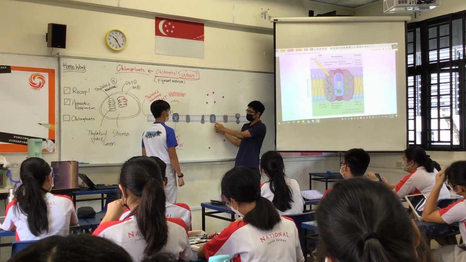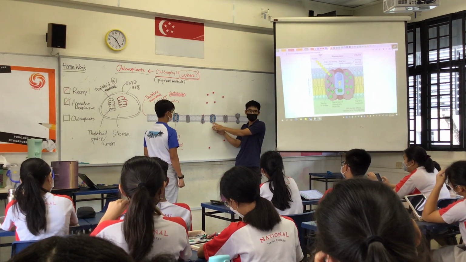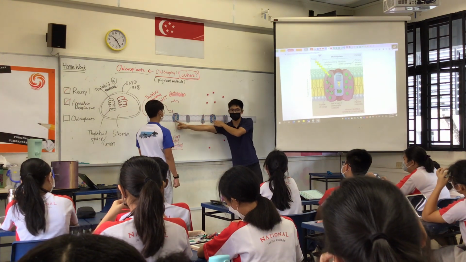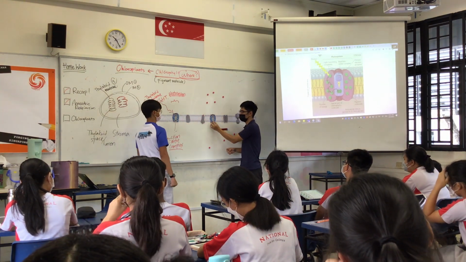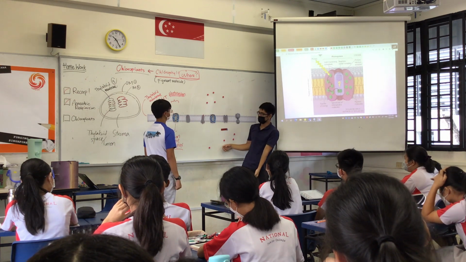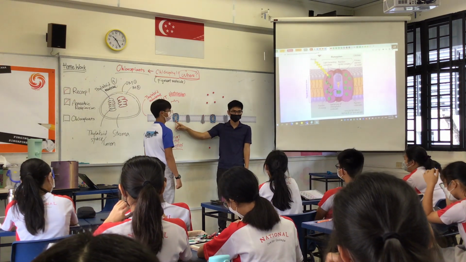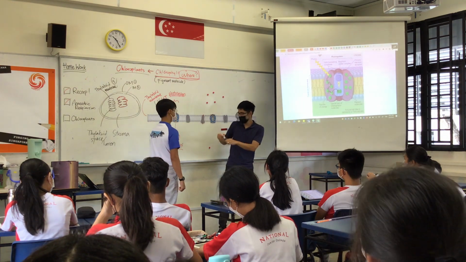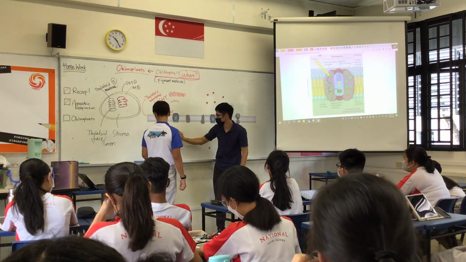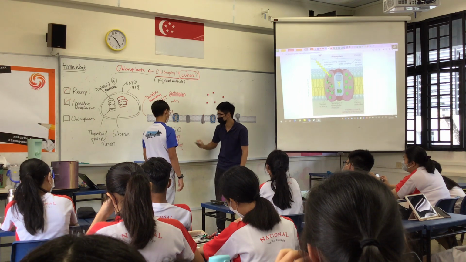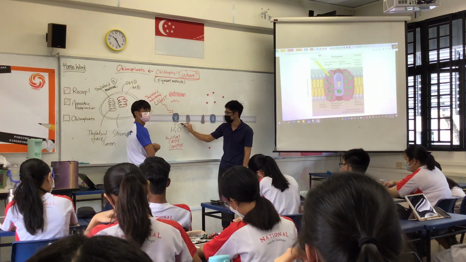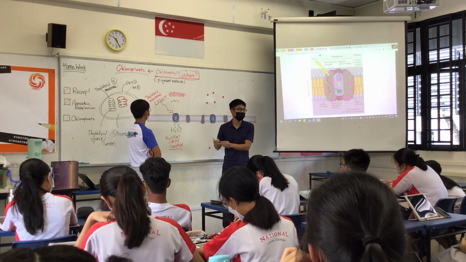Now, notice that I'm missing an electron here. Well, I can replace it with the electron from here, so Alpha's electron will come here. Now I have a problem. This photosystem is missing an electron too. Where can you get electrons from? We can get it from water. Water will donate electrons into this space over here.